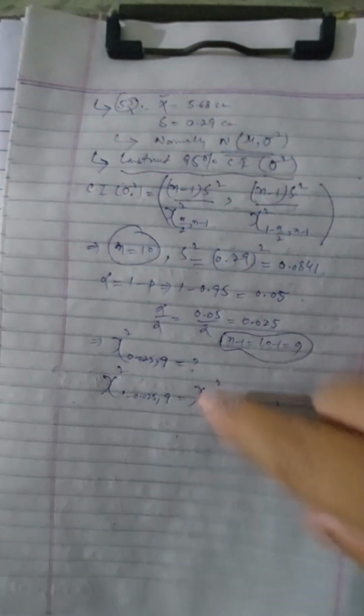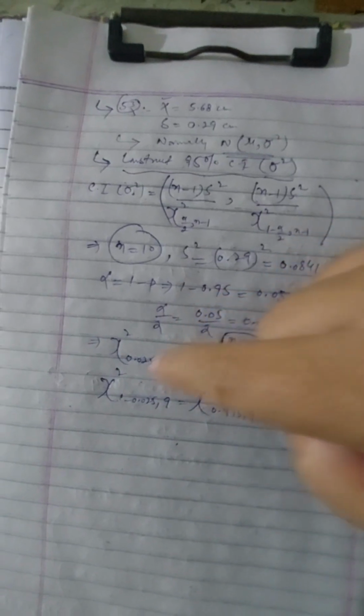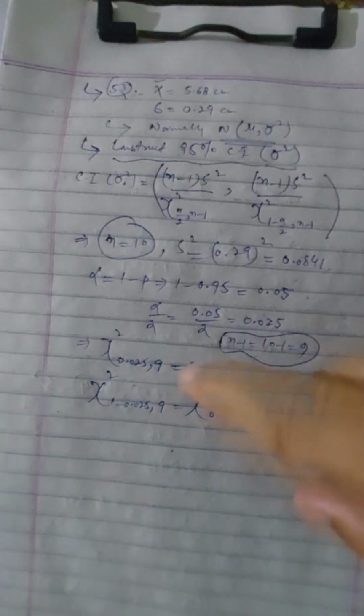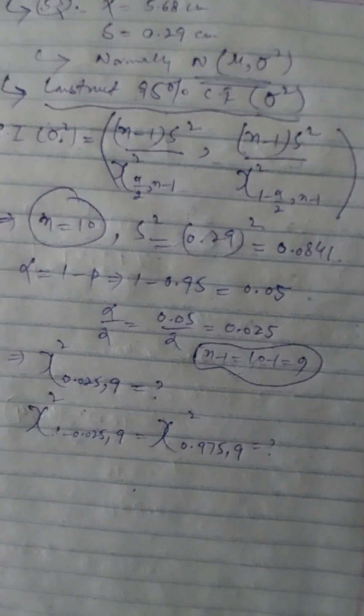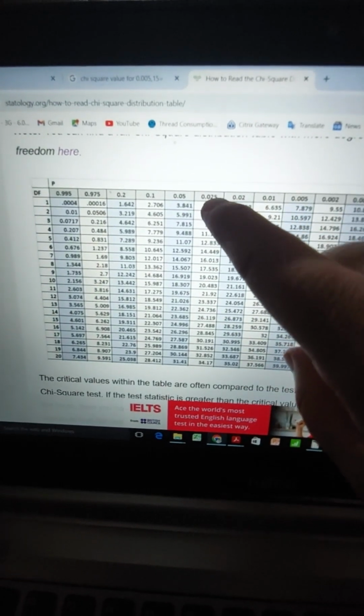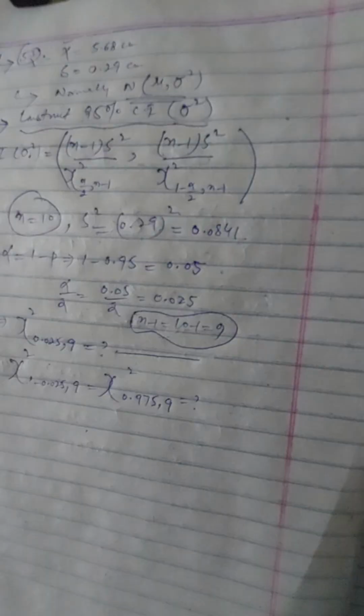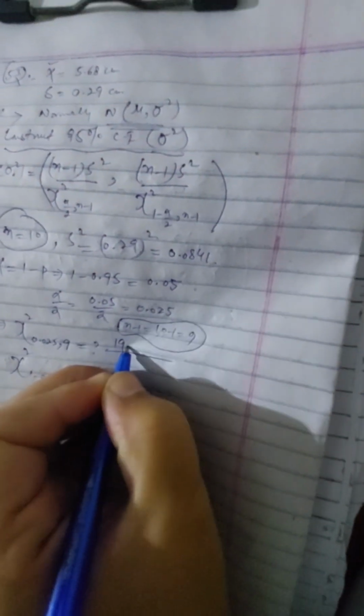So let's use the online resources and see what these two values are in the table. We need the chi-square value for 0.025 and 9 degrees of freedom. This value is 19.023.